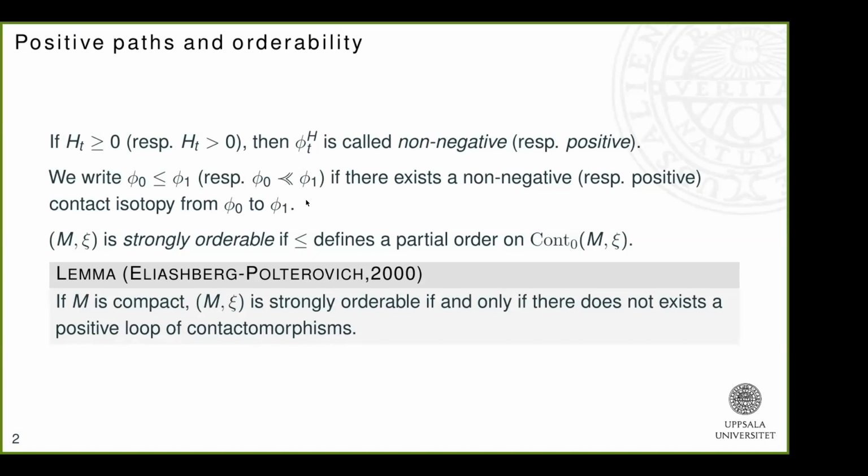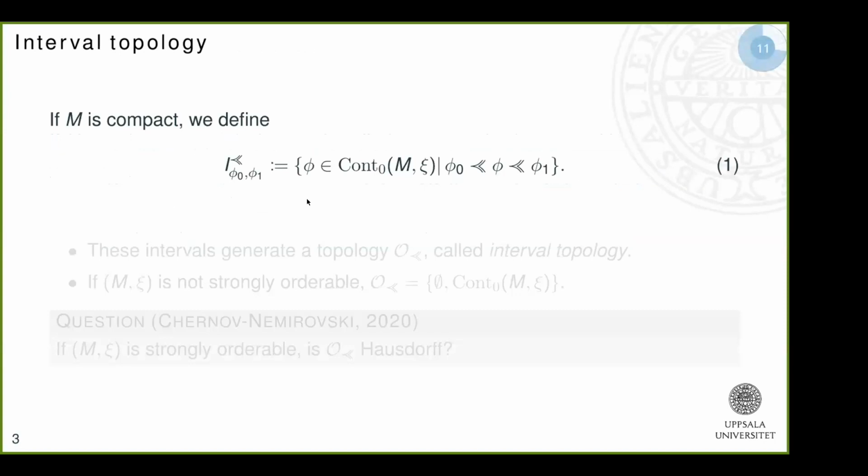So using this quasi-order, we can define intervals in the contactomorphism group. Namely, if we have two contactomorphisms, phi 0 and phi 1, we say that phi lies in the interval between them if it lies in between them with respect to this quasi-order.